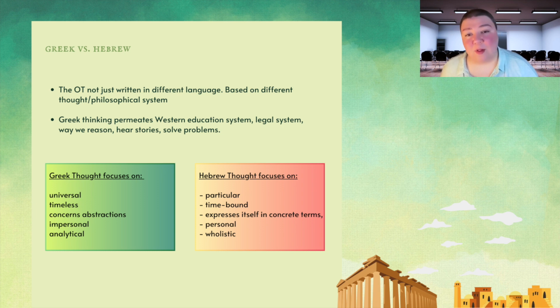Let's look at an example of the difference between how Hebrews thought and Greeks thought. Athens versus Jerusalem, so to speak. Greek thought tends to be focused on the universal, timeless, concerns abstractions, and is impersonal and analytical. Now, this language is very helpful when you're doing philosophy or science.